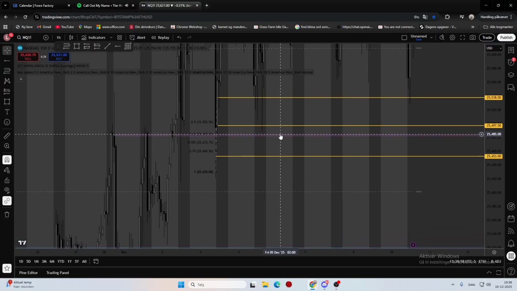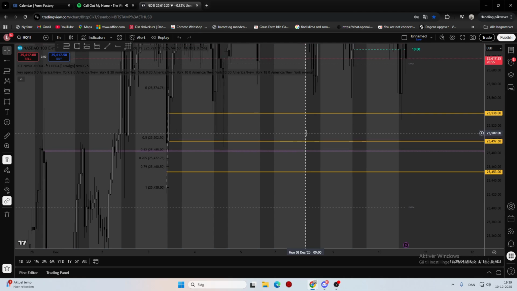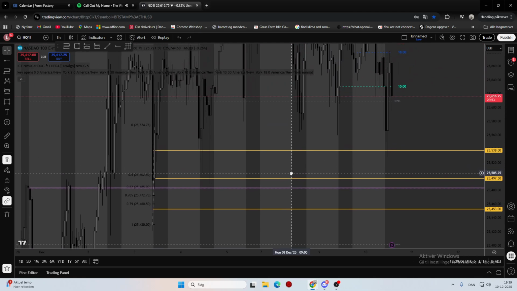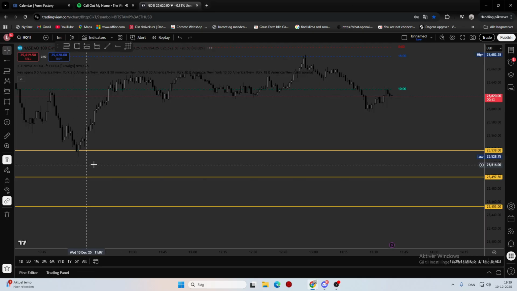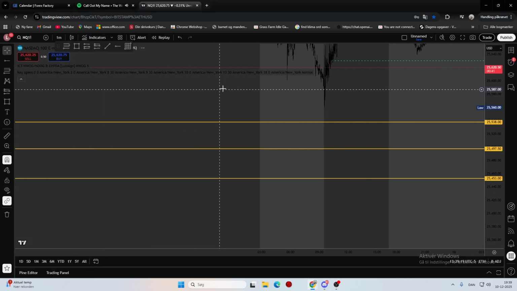Yup, because of this entry trigger, we're just gonna target 0.5 because it's closer to the entry trigger than the 0.62. So therefore we just target 0.5. Let's go to the 0.5.